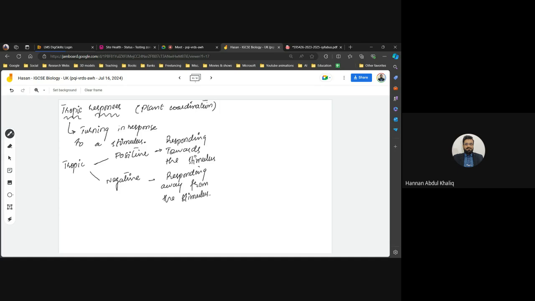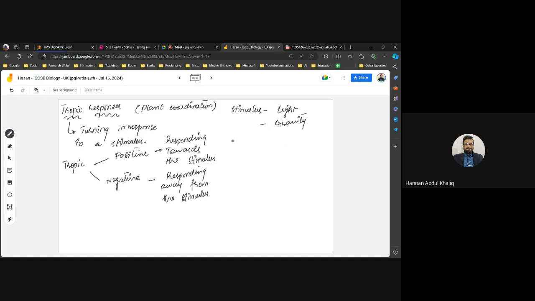So let's suppose that we have two types of stimuli. One stimulus is light, and the other stimulus is gravity. Light and gravity are the factors that the plant shows a response to.